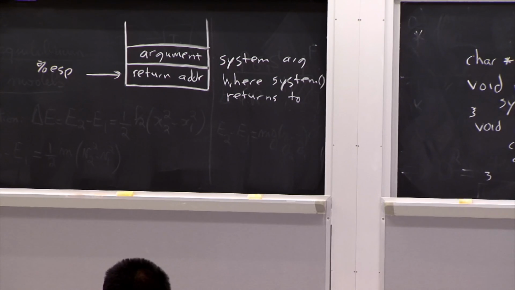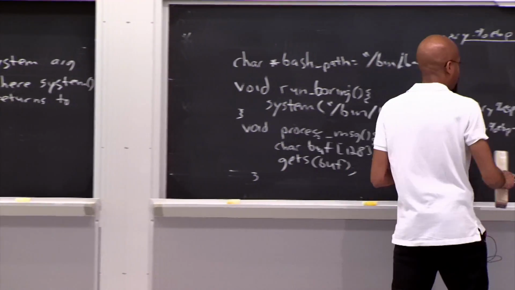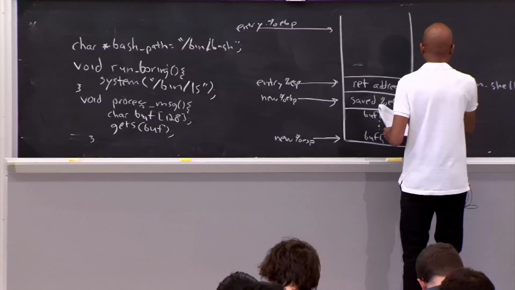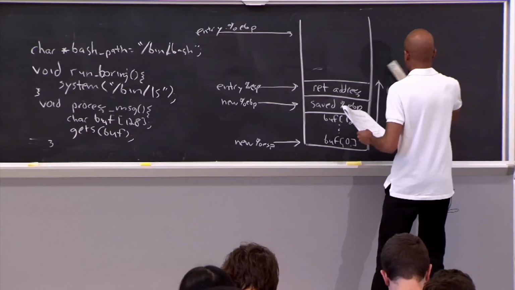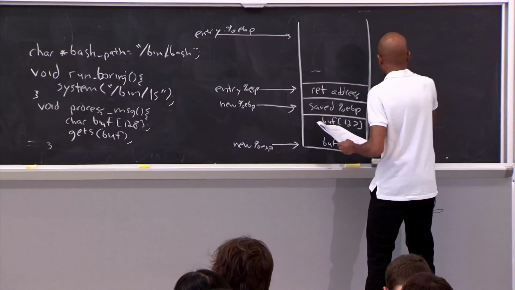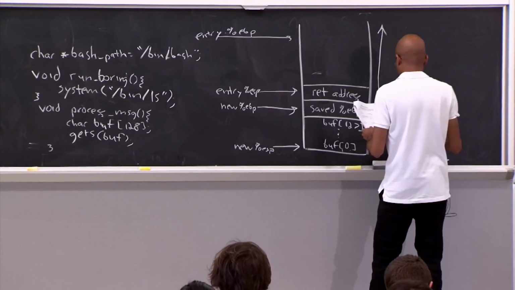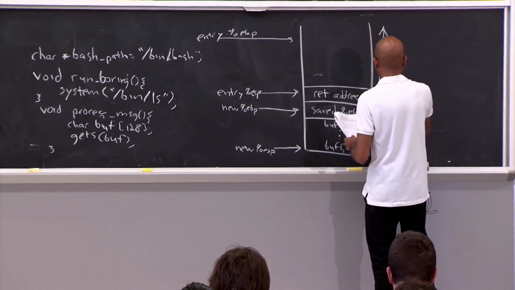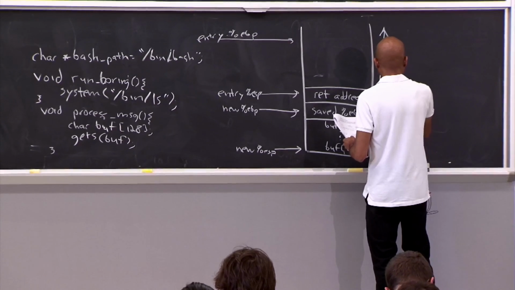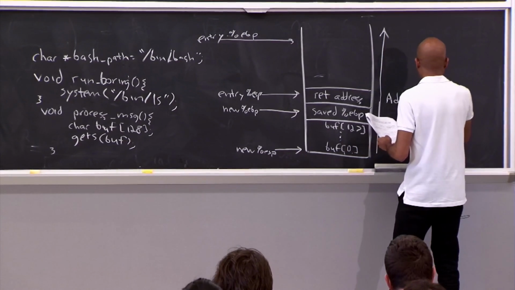So basically, the way this will work is we will do the following. So once again, remembering the overflow goes up here. So first, we're going to put the address of system here.